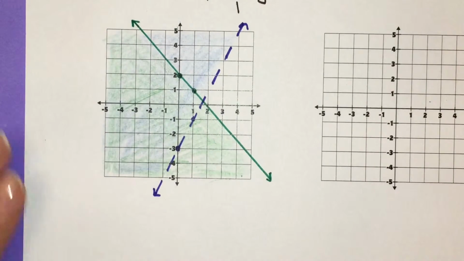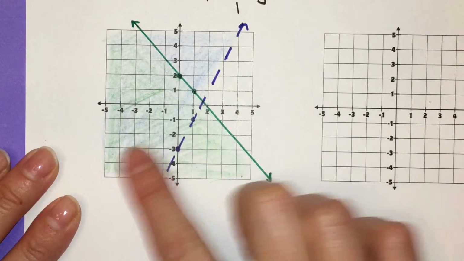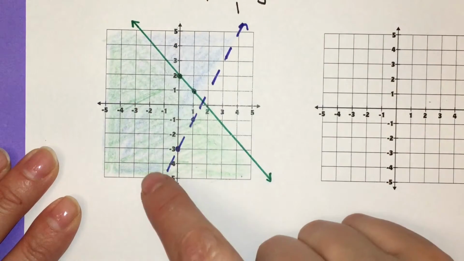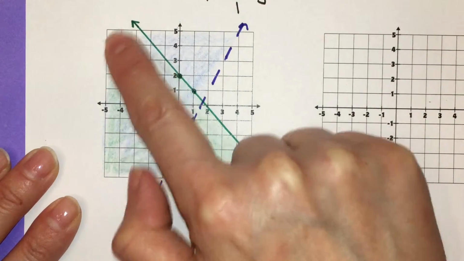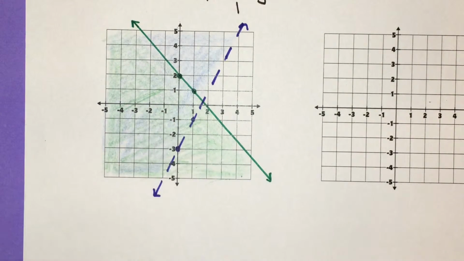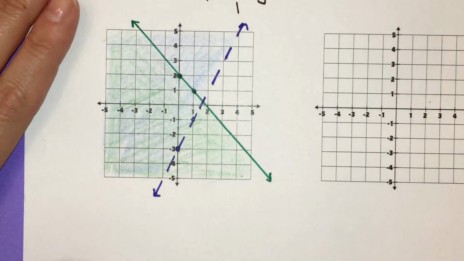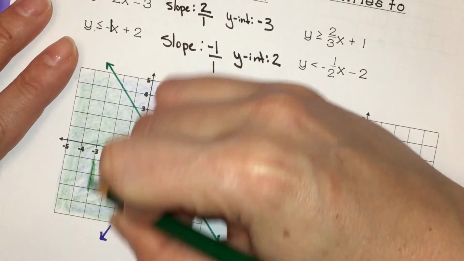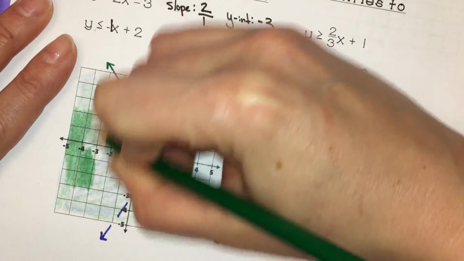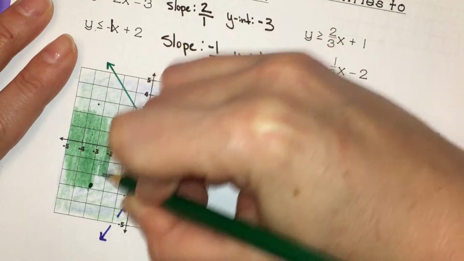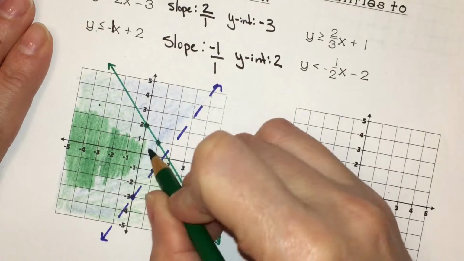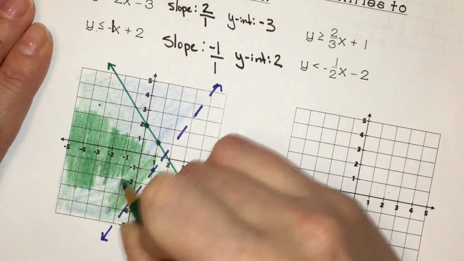Okay, so I've shaded in green all down here and in blue all up here. So the area that's double shaded is this whole area over here, meaning this is my solution. So where it's double shaded, I'm just going to shade that in even darker, meaning this is my solution. Any point that falls within this area that's shaded would be part of the solution of my inequality.